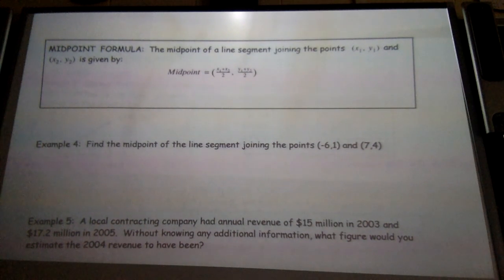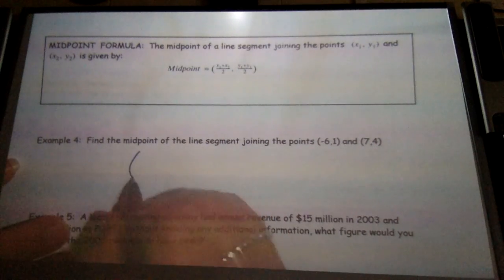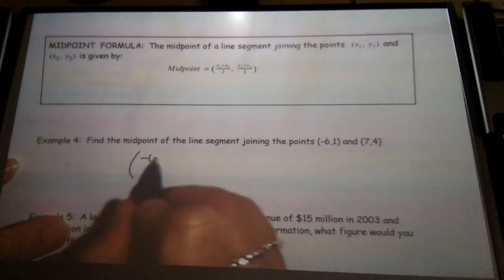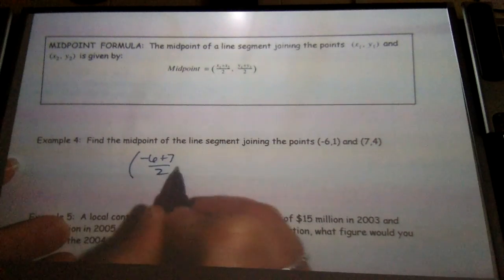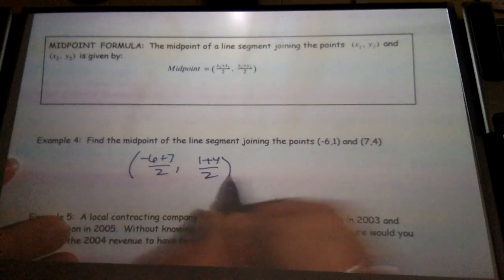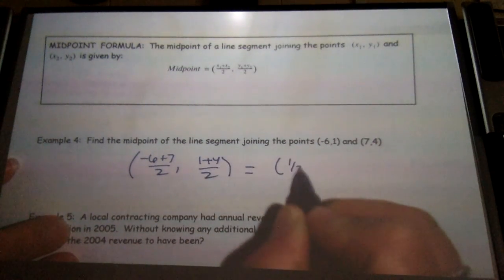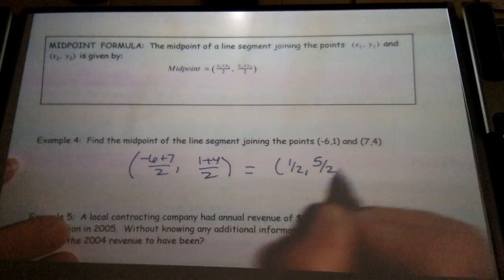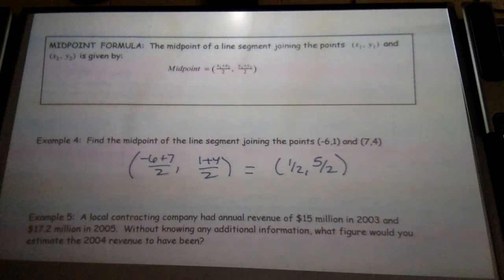So find the midpoint of the line segment joining the points negative 6, 1, and 7, 4. Well, that's just the sum of your x's divided by 2 and the sum of your y's divided by 2. Midpoints are so much easier.